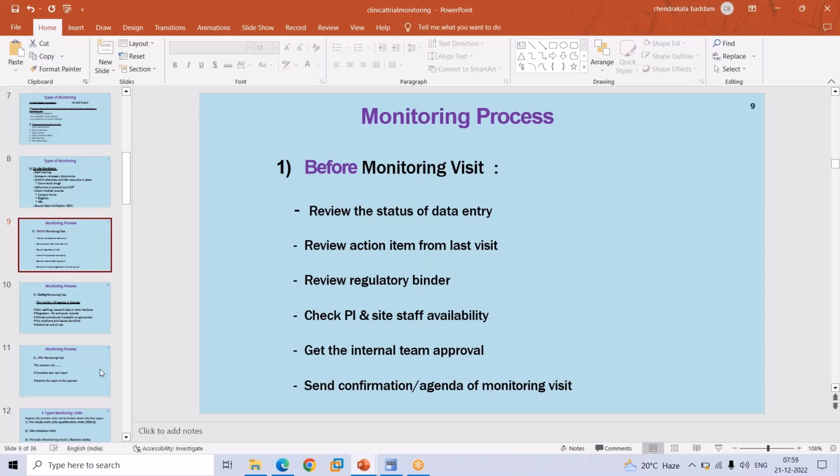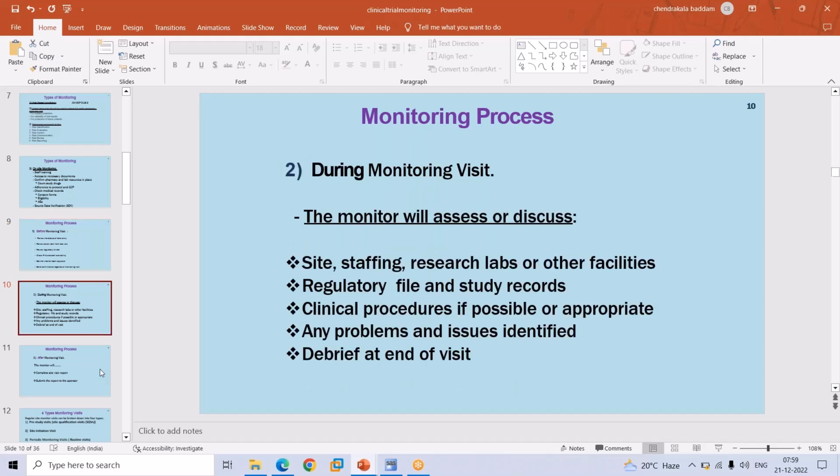They get internal team approvals before monitoring, and they send the confirmation of the visit, that they are visiting on such and such day. When they come to the site, they'll be checking staffing, site, research lab, other facilities.